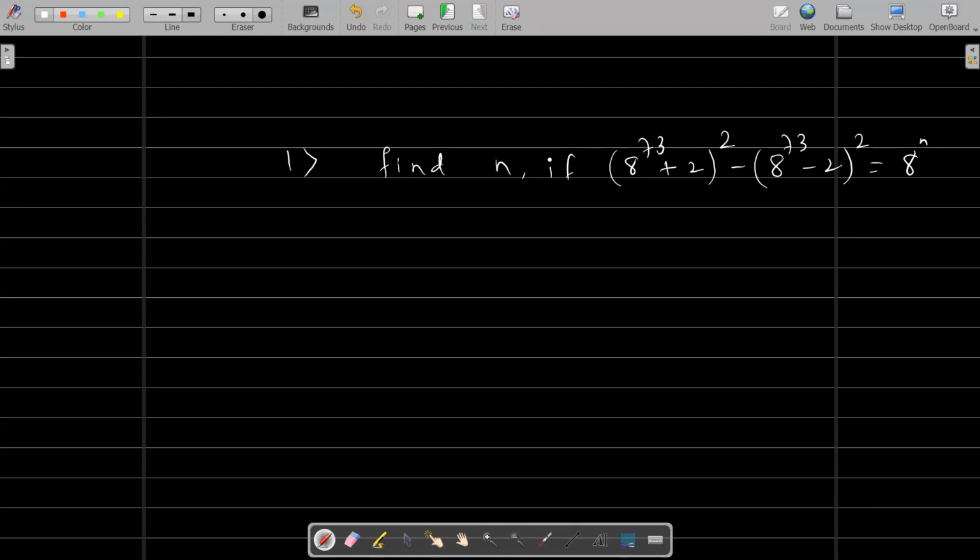Okay, so we can solve it in two different ways. Either I can use the formula for a square minus b square, or I can separately simplify by opening this bracket. Let's see. So 8 raised to 73 plus 2 the whole square is 8 raised to 73 square plus 2 times 2 into 8 raised to 73 plus 2 square.